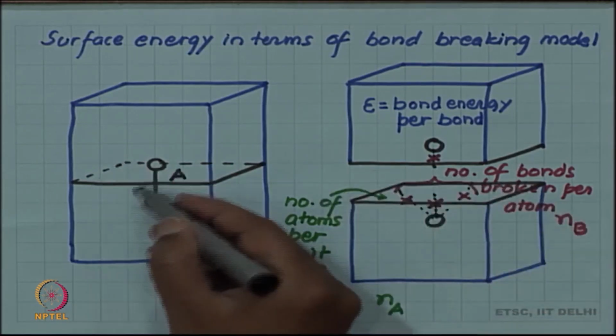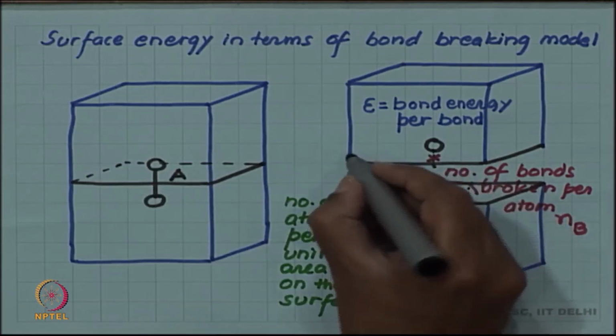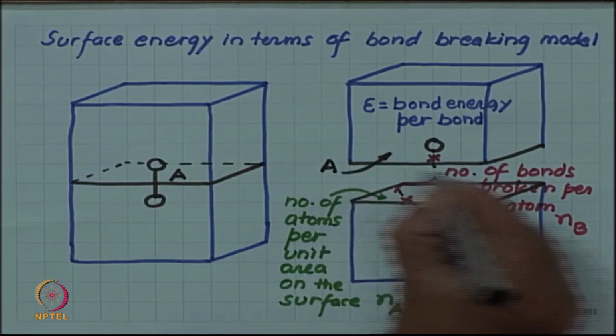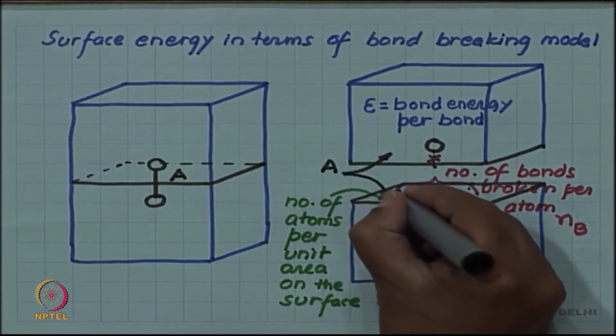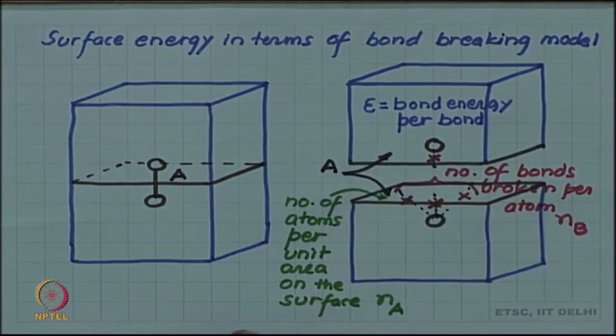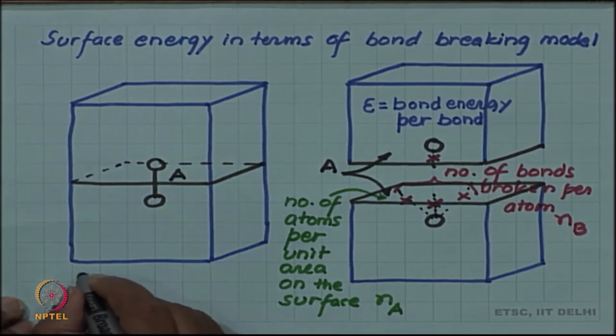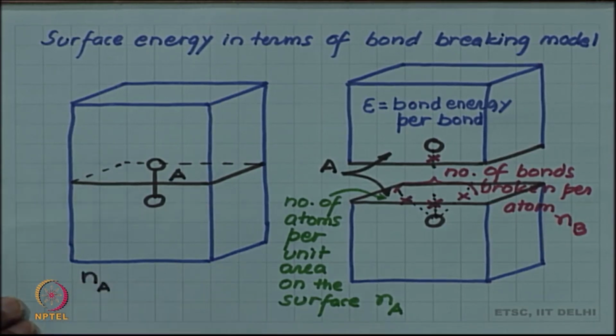But if I break the bonds over an area A, I have created two free surfaces, an area A above and an area A below. So, I have created 2A surface area. So, let us now look at the energy required. There were Na atoms per unit area.